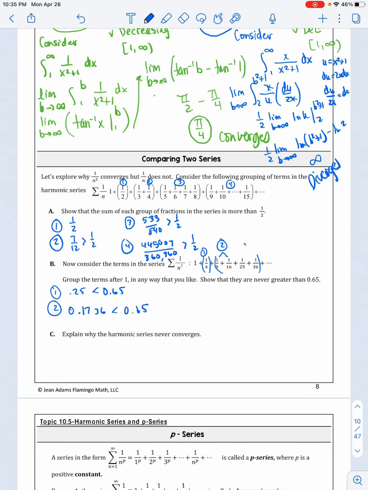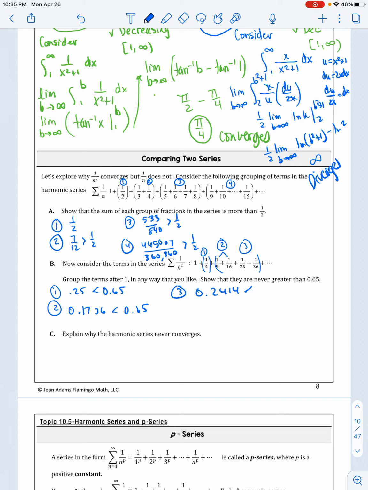And then for my third one, I think I took the whole thing here and made that my third one. For that one, I got 0.2414, and it was less than 0.65.